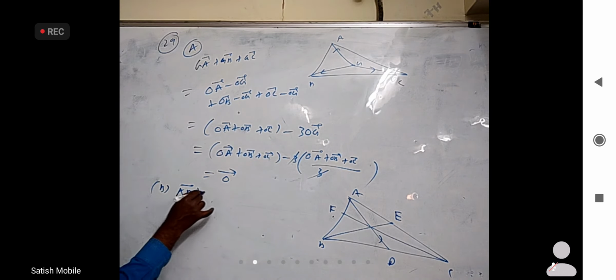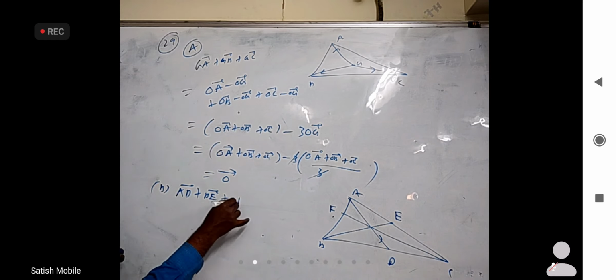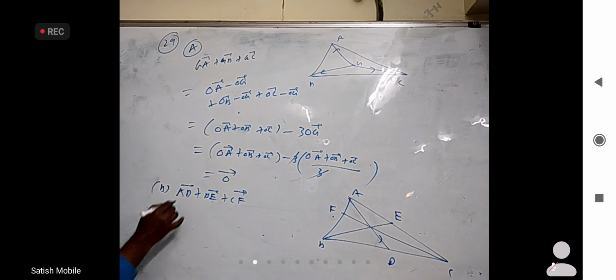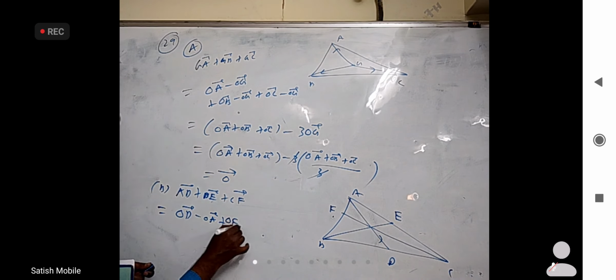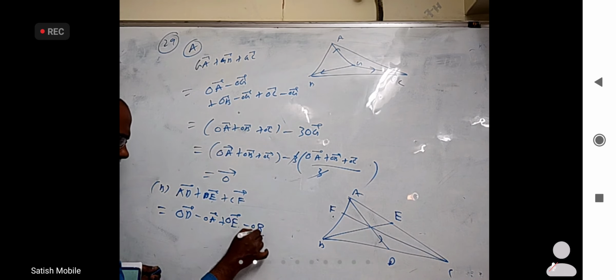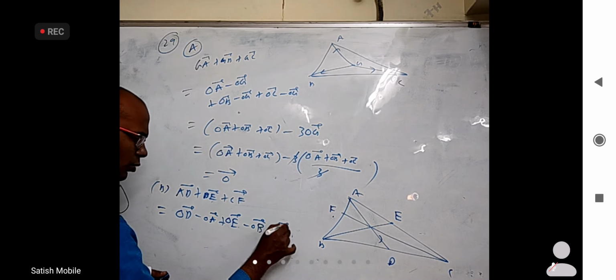AD bar plus BE bar plus CF bar, that is also 0 bar, we have to prove. AD bar is OD bar minus OA bar. BE bar is OE bar minus OB bar. CF bar is OF minus OC.